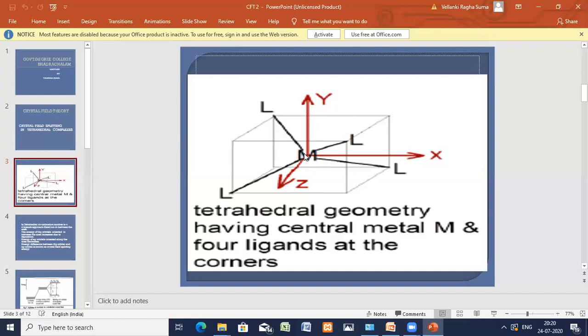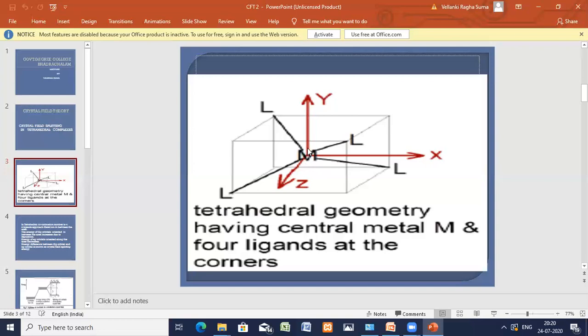While coming to dx square minus y square and dz square, the eg set of orbitals are along the coordinate axes. So I hope you are able to understand the 5 d orbitals, the t2g set and the eg set. In that, the t2g set is in between the coordinate axes, whereas the eg set is along the coordinate axes.